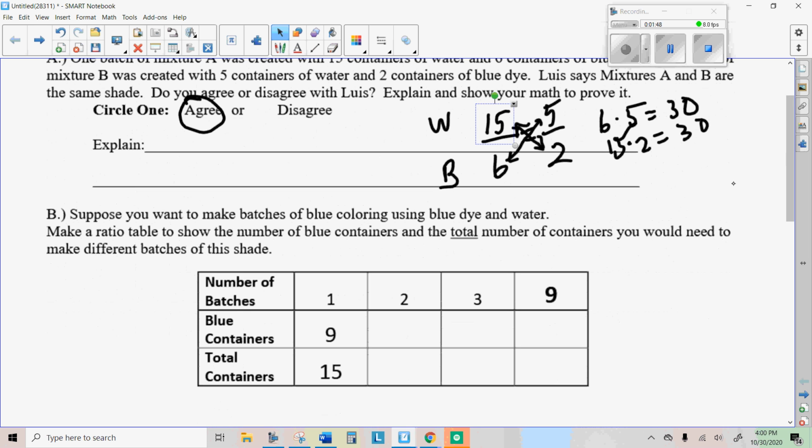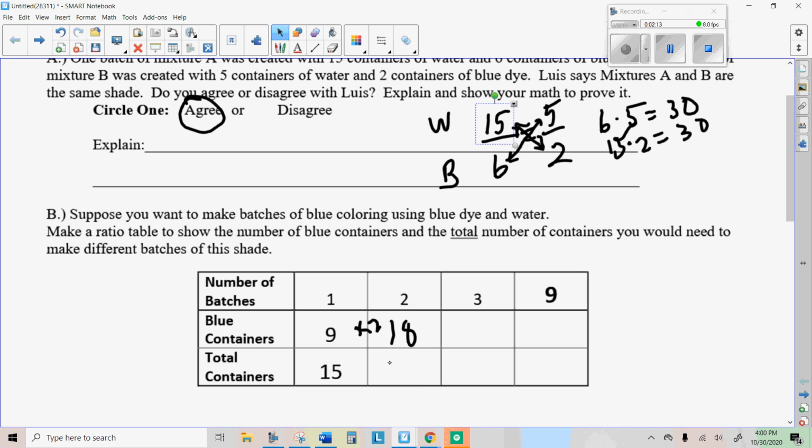All right, suppose you want to make batches of blue color using blue dye and water. Make a ratio table to show the number of blue containers and the total number of containers you would need to make these different batches. Okay, so one batch you would need 9 blue and 15 total. 2 batches you would have to double that, so times 2.